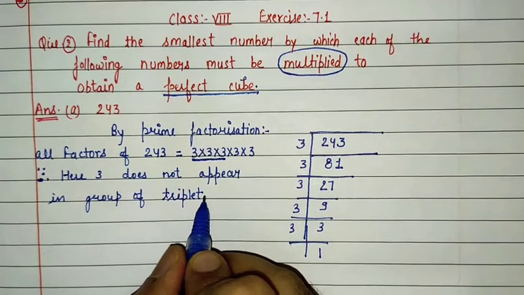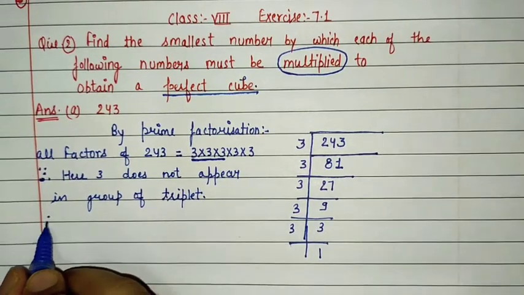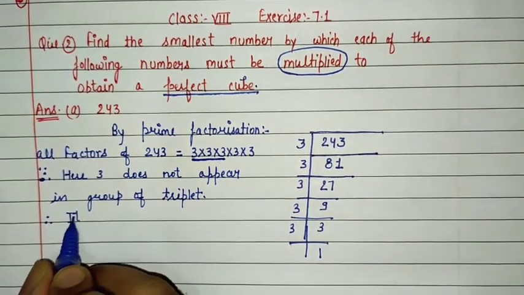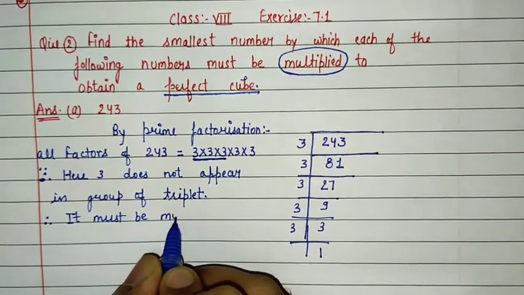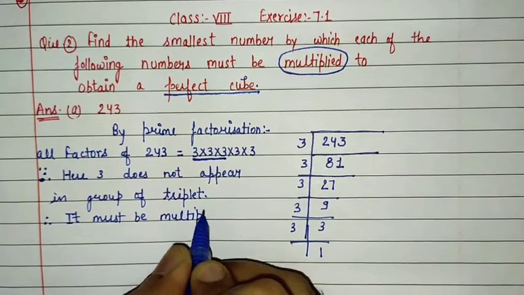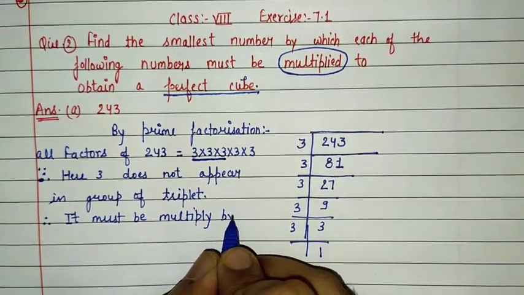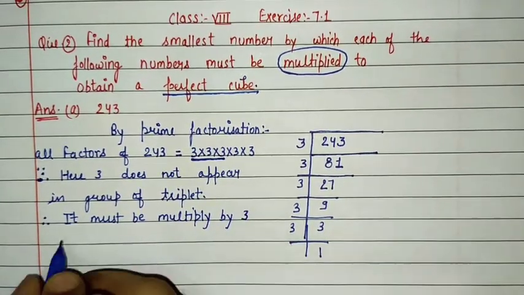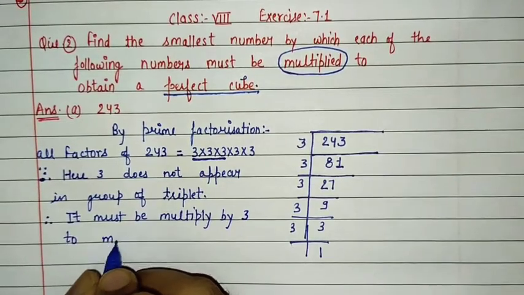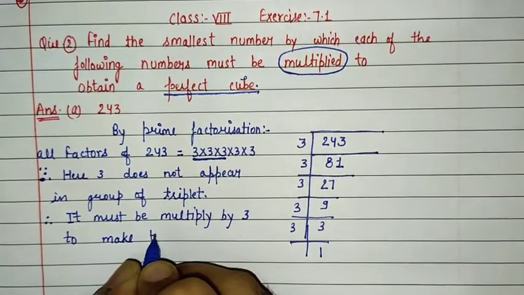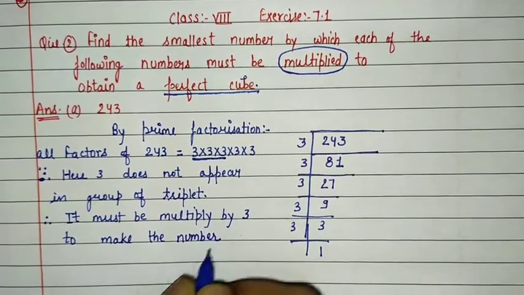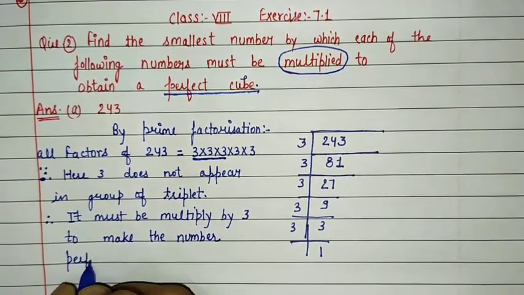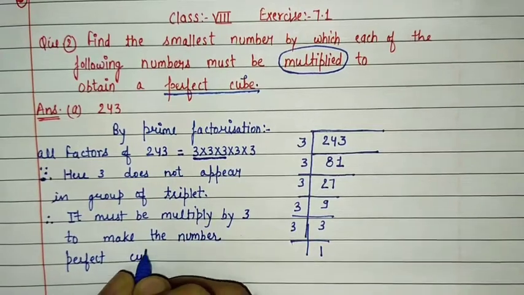Therefore it must be multiplied by 3 to make the number a perfect cube.